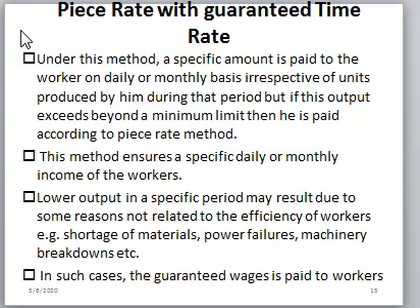That is what we mean by piece rate with guaranteed time. There is a fixed guarantee that an employee cannot go below. But if the production is more, then an employee is paid more than the guaranteed payment.